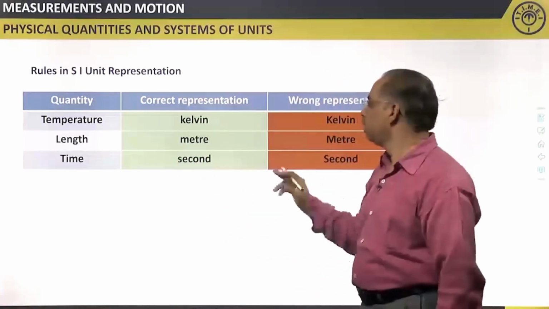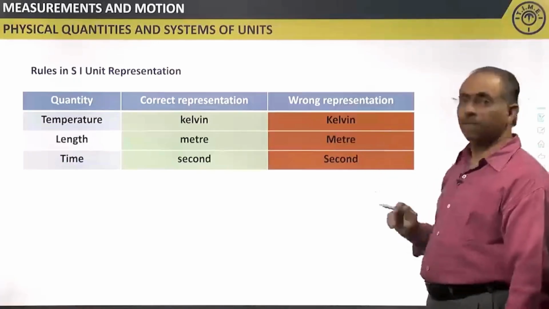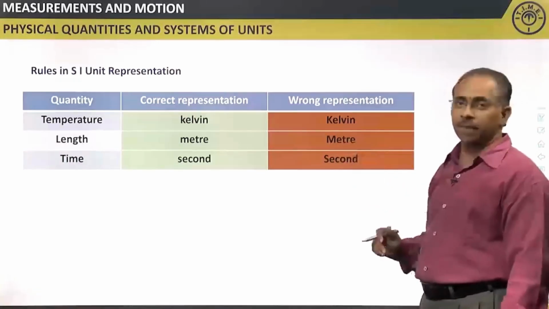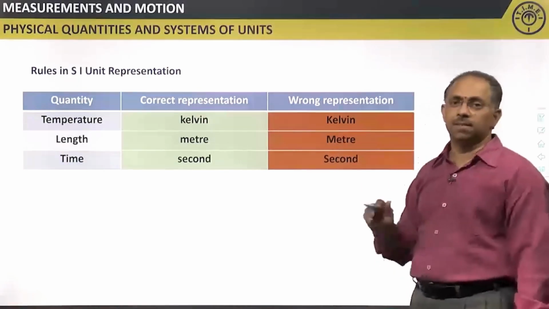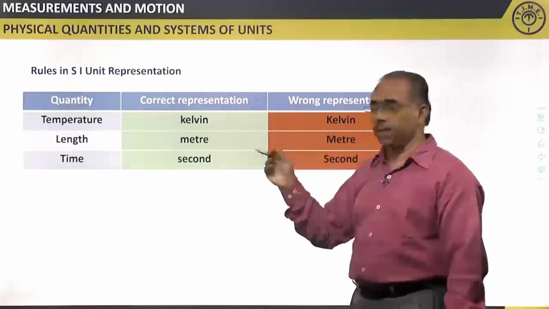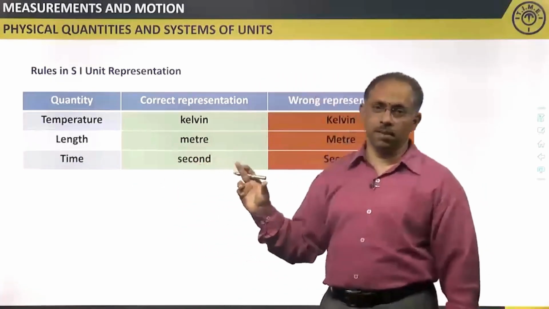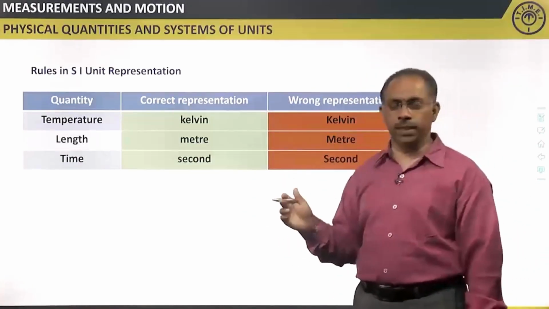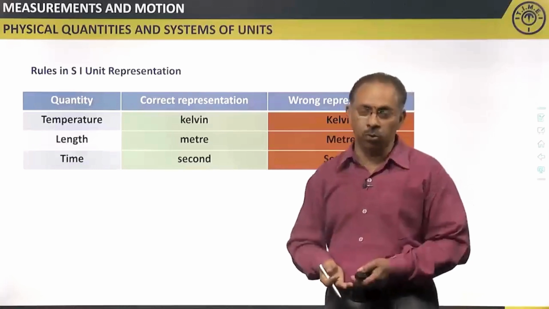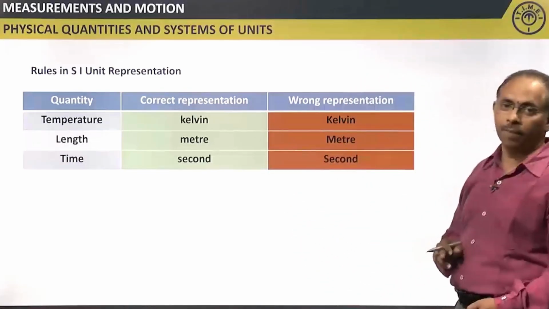In the wrong representation, you can see Kelvin with K in the uppercase, Meter with M in the uppercase, Second with S in the uppercase. That means even if you write the unit by its name, the full form, not only the symbol of the unit, you need to write it in the lowercase only.